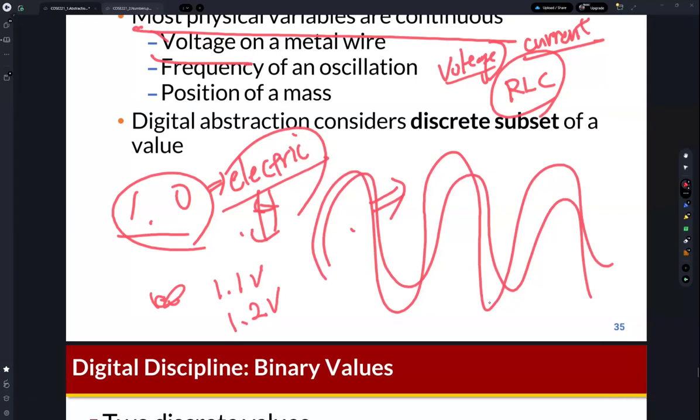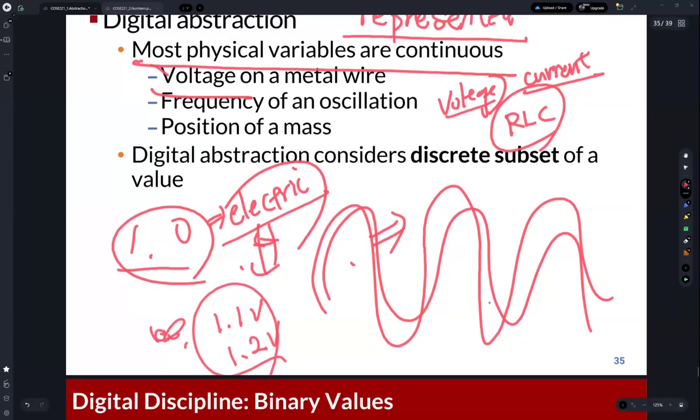Because we are living in the real world, and the signals in the real world are analog signals. Here, the voltage level can be different, but abstraction means that 1.1 volt is 1, and 1.2 volt is also 1. We can understand like this. This is the digital abstraction.